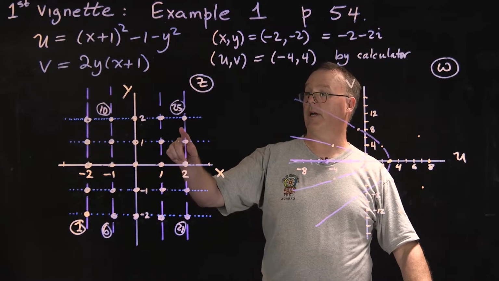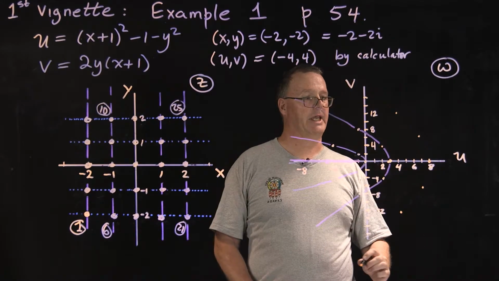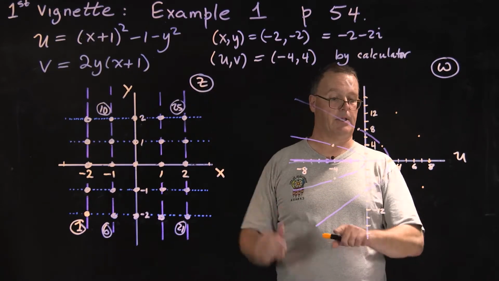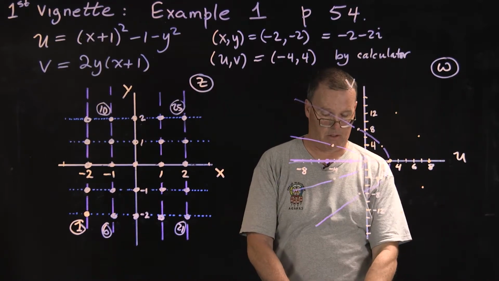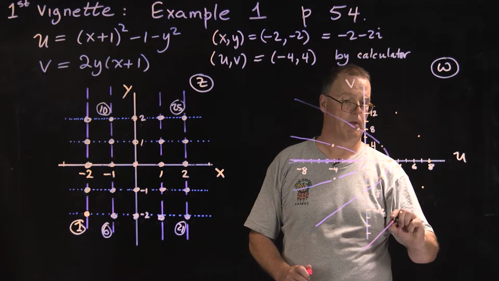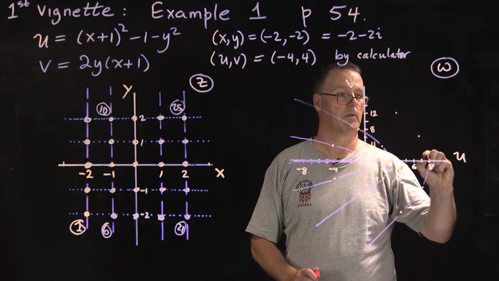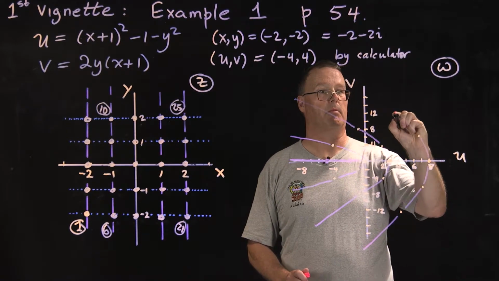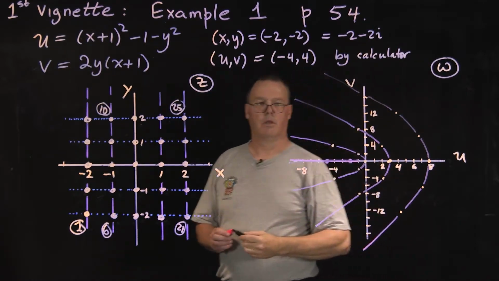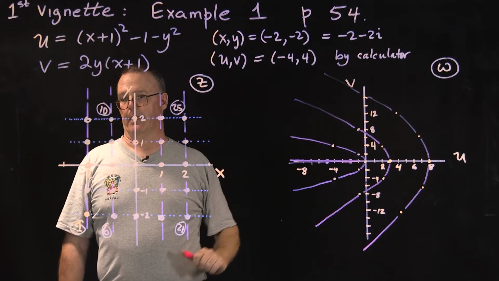And point number 25 gets mapped to 4 and 12. Again, this line is going to get mapped to a line that goes through those points. That's the vertical lines. They get mapped into these bent lines.